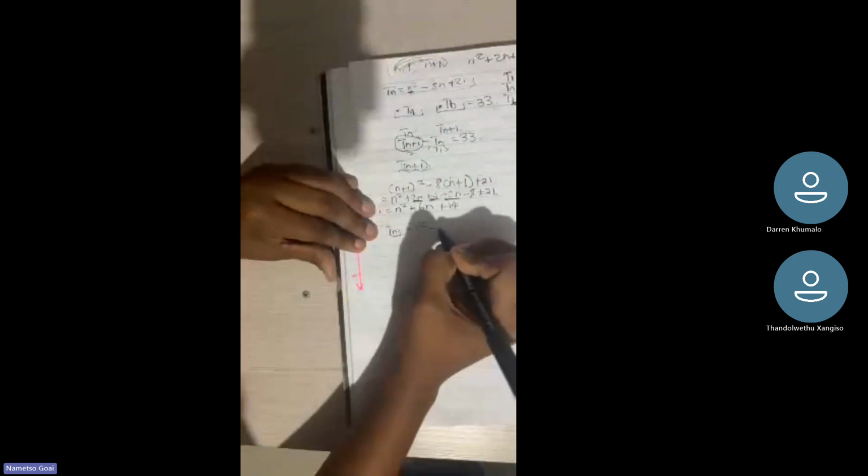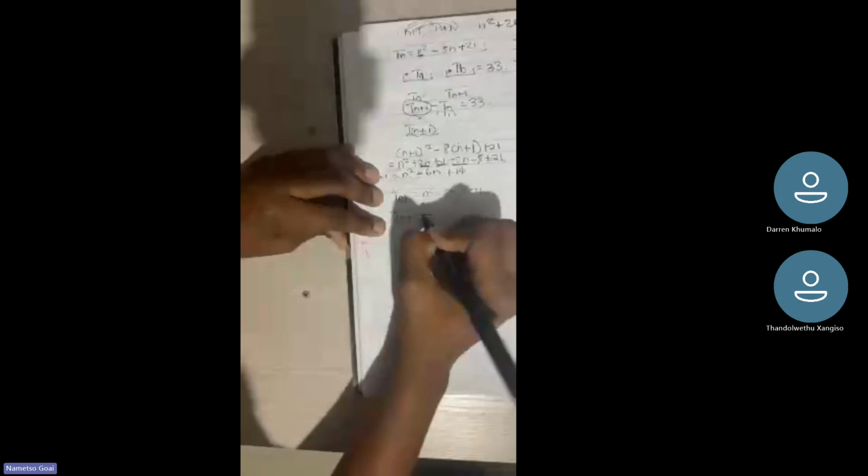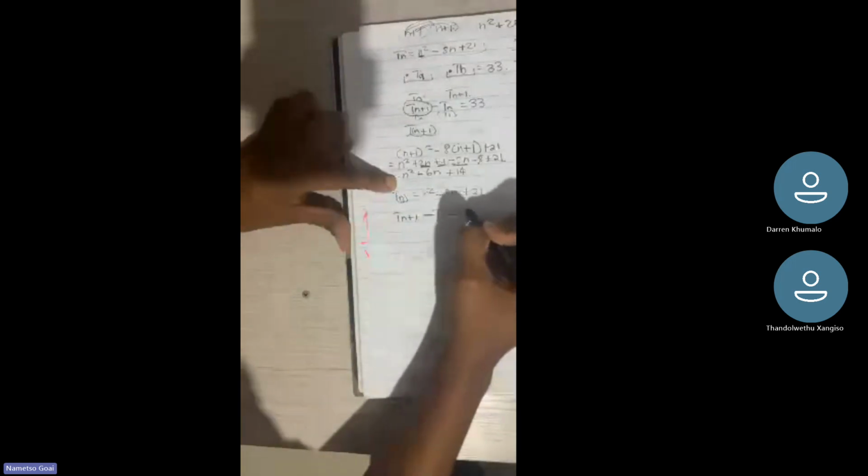And now for Tn, in place of n you substitute n, meaning Tn is just n squared minus 8n plus 21. So now in order to find Tn plus 1 minus Tn, you will just have n squared minus 6n plus 14, close the bracket, minus, open bracket, n squared minus 8n plus 21.